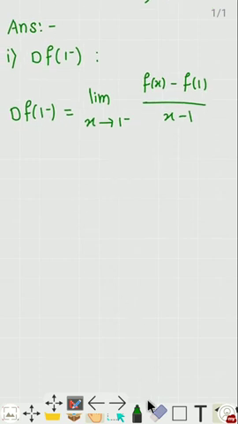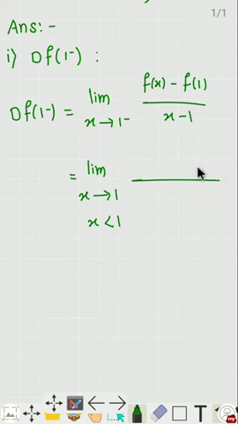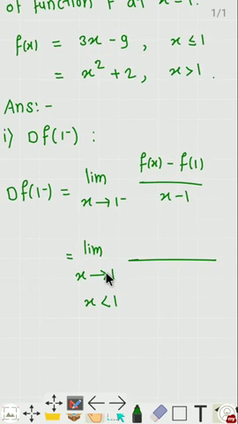Okay, and in the next line, limit x tends to 1, in this case x approaching towards 1 from the left hand side of 1. So in this case, what is the function when x is less than 1?